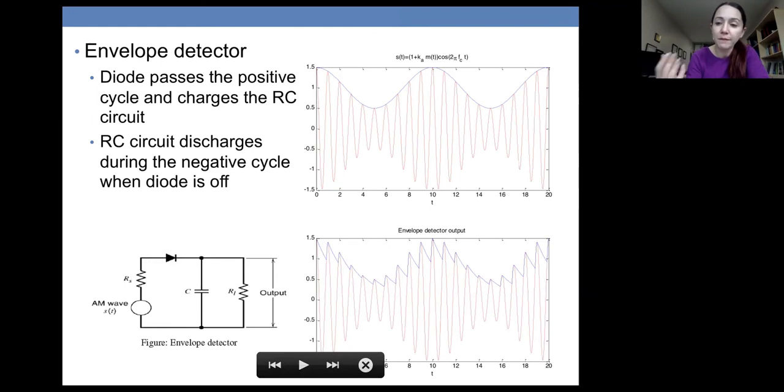When the waveform switches polarity, the diode is cut off. What will happen? The capacitor, which has filled up to the last value of the signal before it switched, will start decaying over the load resistance here.